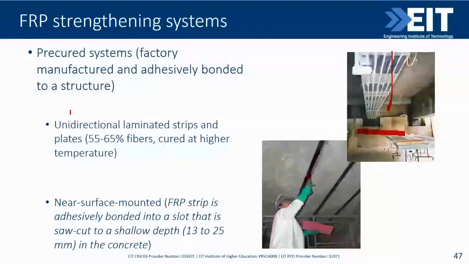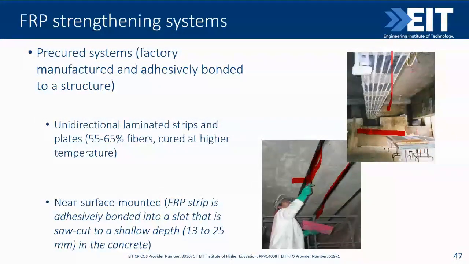And the other option is the so-called near surface mounted strips. For this case, slots are cut here, see, that's here, slots. Relatively low depth, about 20 up to 25 millimeters, and then into these slots, FRP strips are bonded, providing the additional strength here. That's the procedures, that's the systems.